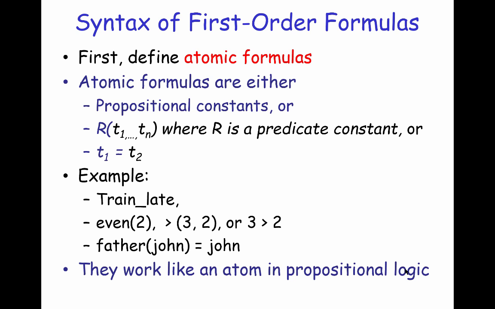Atomic formulas can be either propositional constants, that is, predicate constants of arity 0, or, similar to the function case, defined recursively, R(t1, ..., tn). Note here that t1 through tn are terms, and that looks very similar to the function case, but note that R should be a predicate constant.